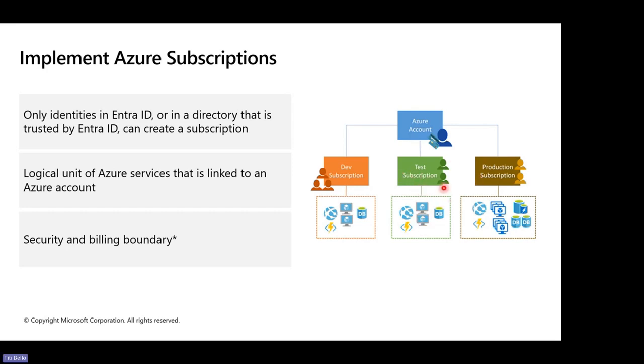Then after the testing, you can have a separate subscription for production, where every tested, validated, and approved software or solution can then be pushed for the actual users to start using.